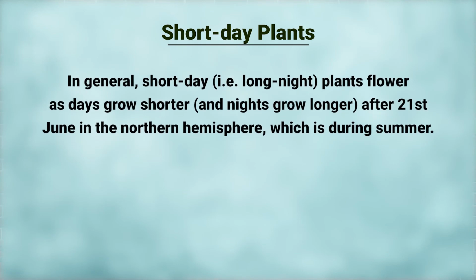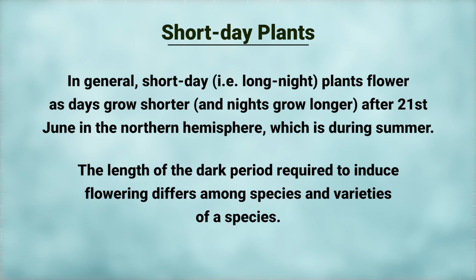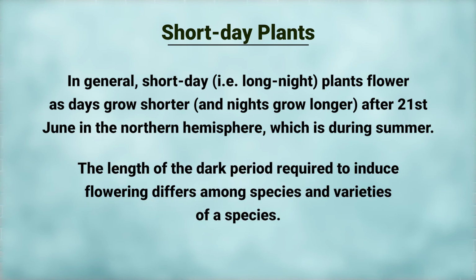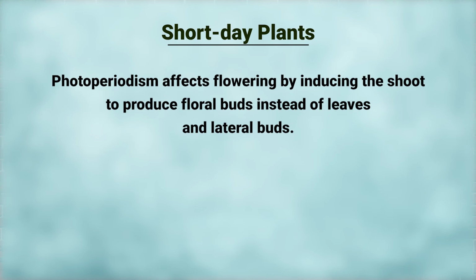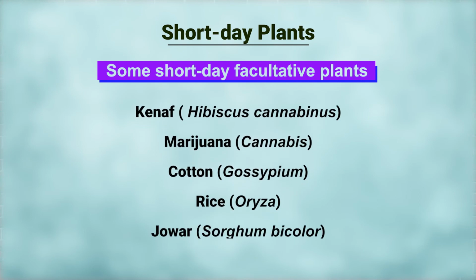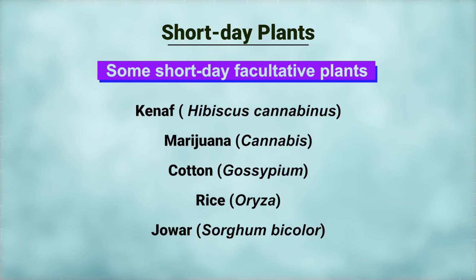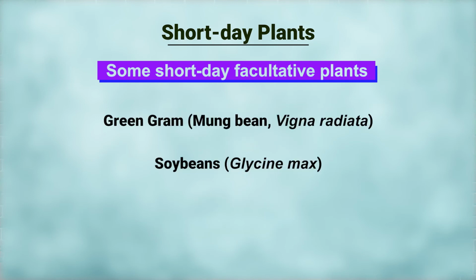In general, short day plants flower after 21st June in the northern hemisphere, which is during summer. The length of dark period required to induce flowering differs among species and varieties of the species. Photoperiodism affects flowering by inducing the shoot to produce floral buds instead of leaves and lateral buds. Some short day facultative plants are kenaf, marijuana, cotton, rice, jowar, green gram and soya beans.